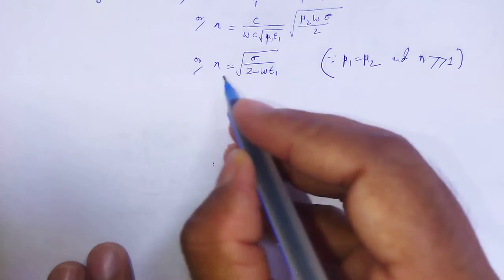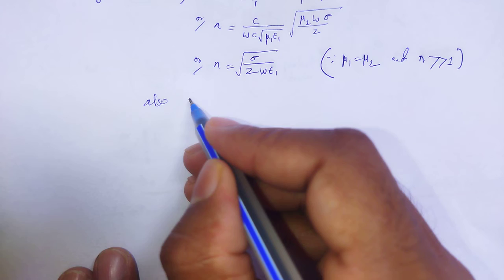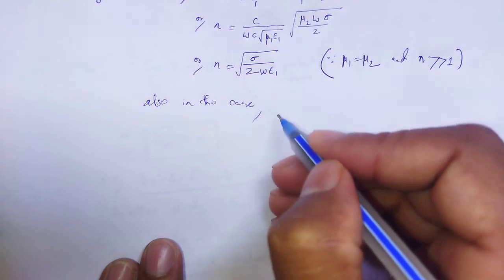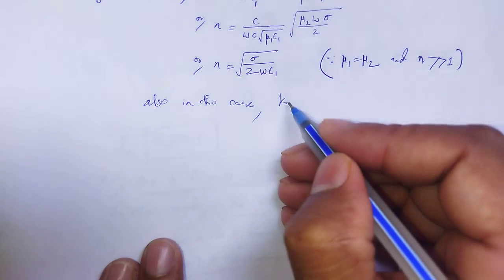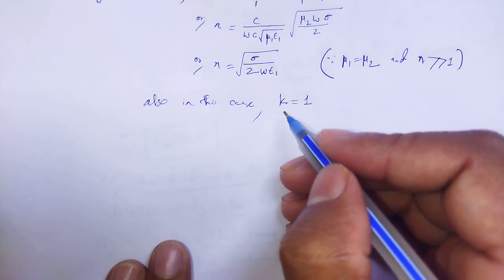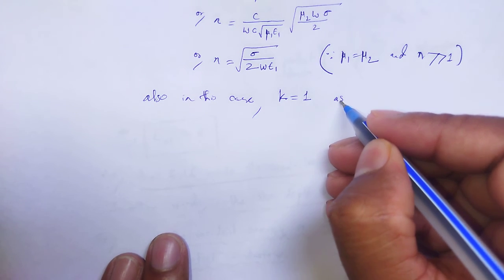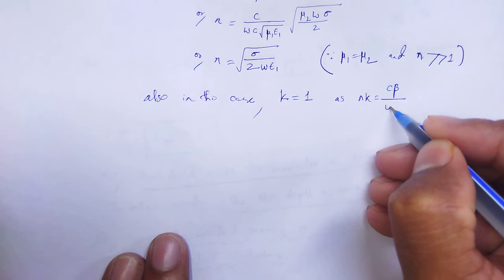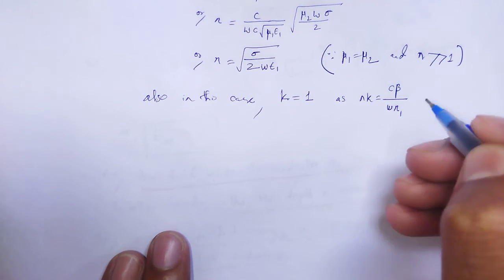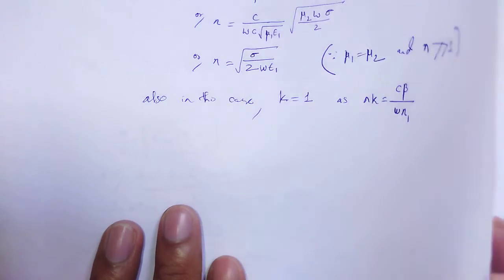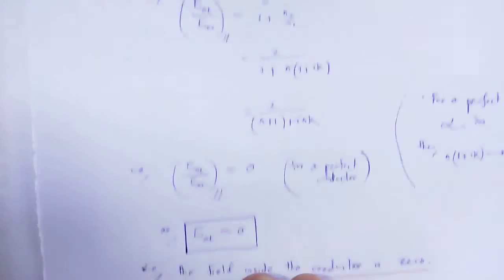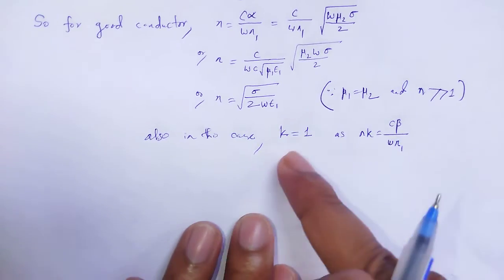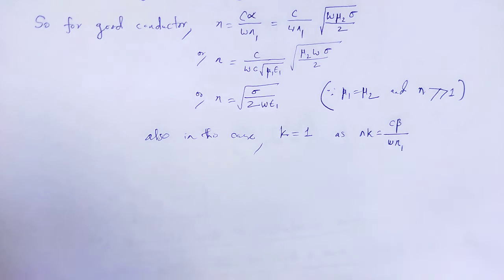Also, in this case, means in that of good conductor, K is equal to 1, as we say that Nk is equal to C beta divided by omega n1. So value of K is equal to 1.